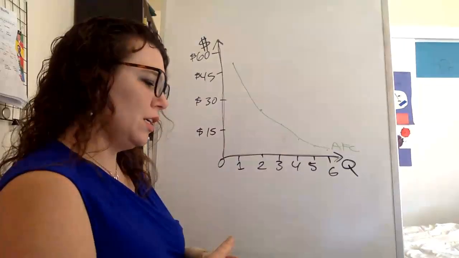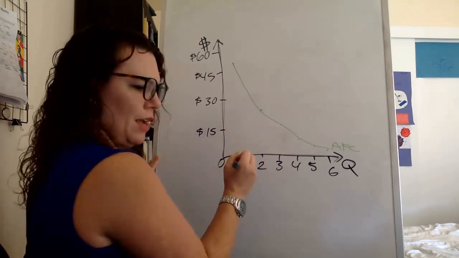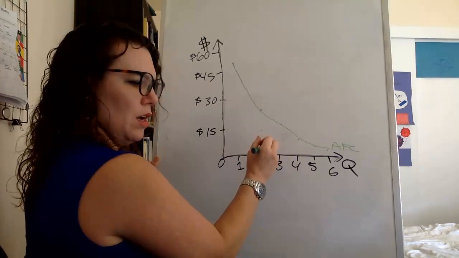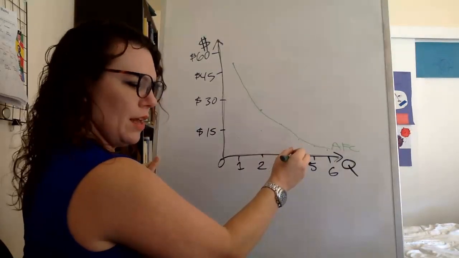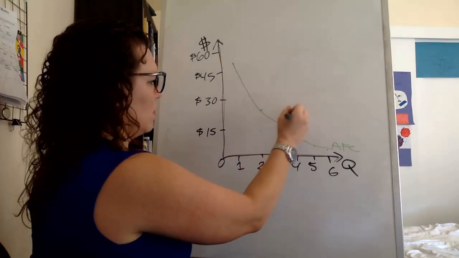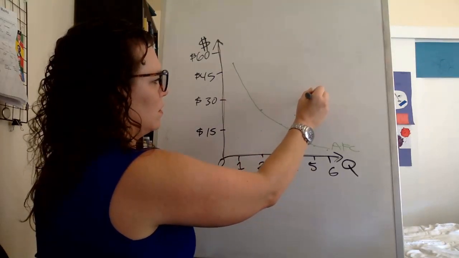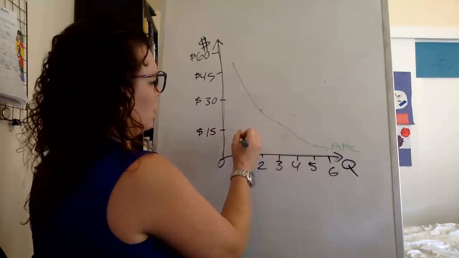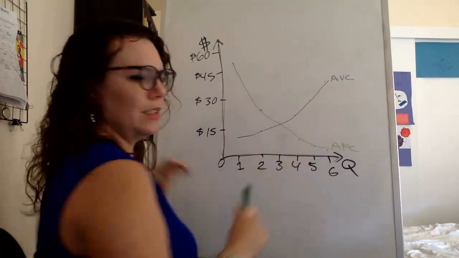Average variable cost started at $10 for the first unit, and then it was $15 for the next unit, $20 for the next one after that, and then at a quantity of 4, average variable cost was $25, and then $30, and then $35. So that's our average variable cost.